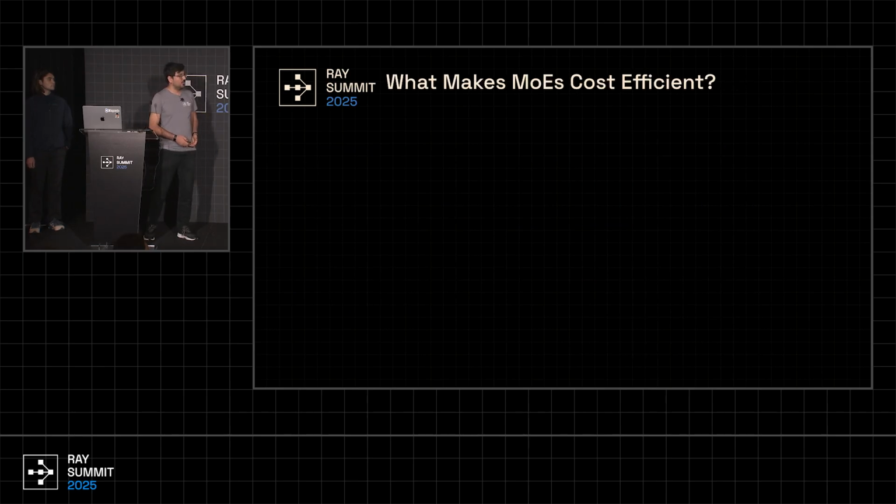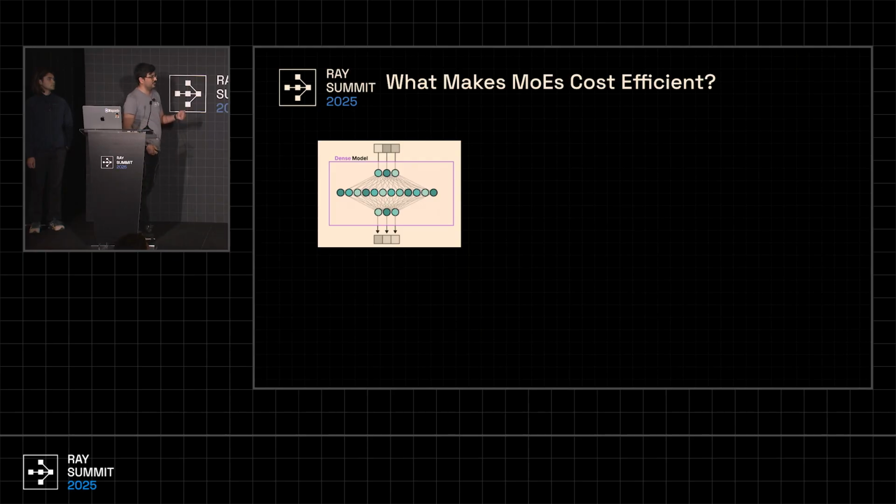Cool. So what really makes MoE models cost efficient? To answer that question, we have to contrast it against dense models. In traditional dense LLMs, for every token, when you do a forward pass, all of the parameters in the model are getting activated, which means as I increase my batch size, the compute that I'm spending for the forward pass is going to increase proportional to my batch size.